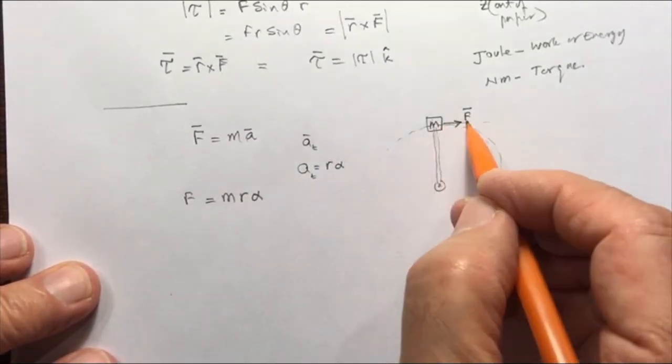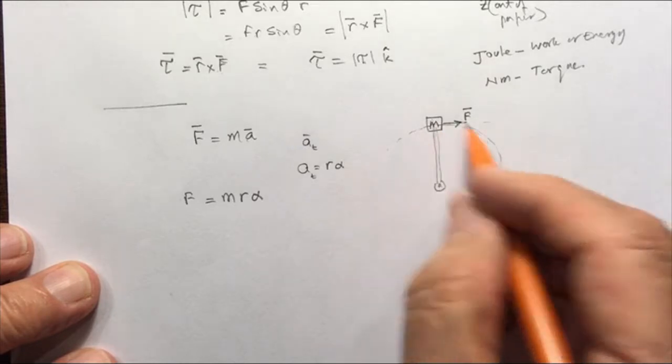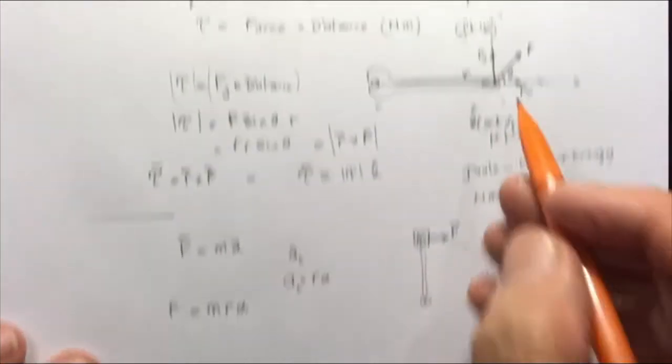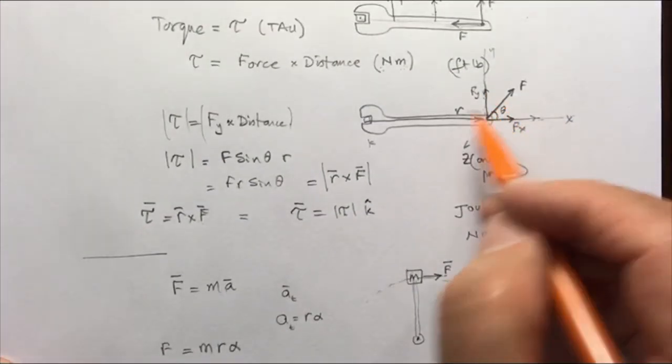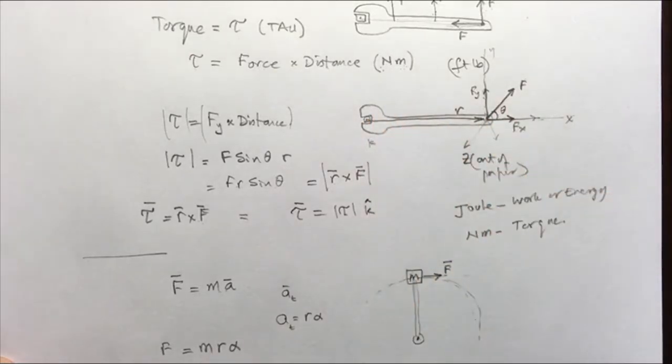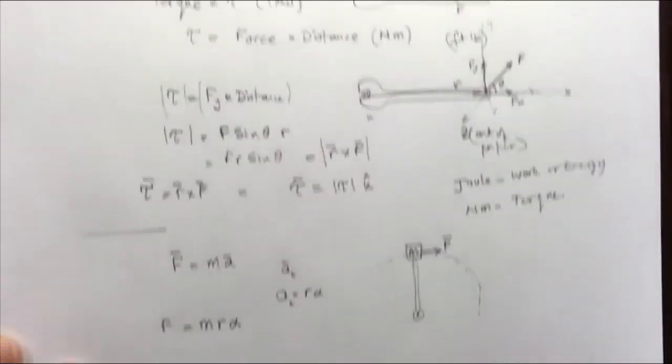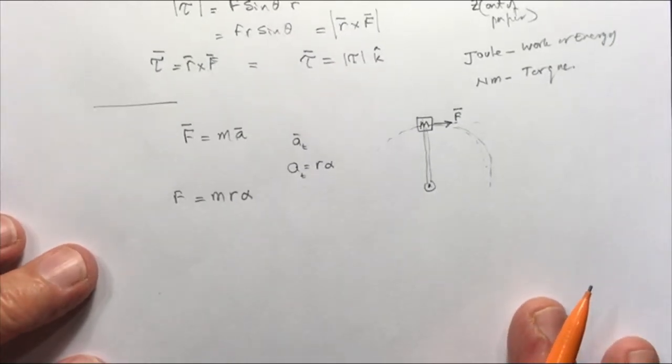Now when the force is applied here, there's a certain torque acting at this point. By the way, this torque will act at that point, so the axis of rotation is important here. Sometimes it's not, but here it is.